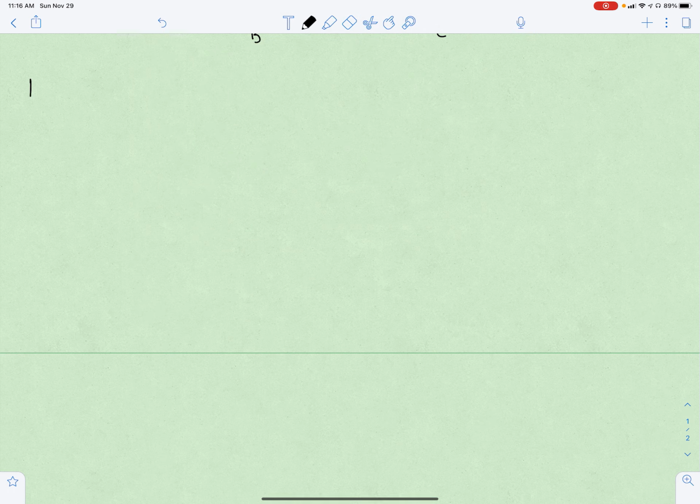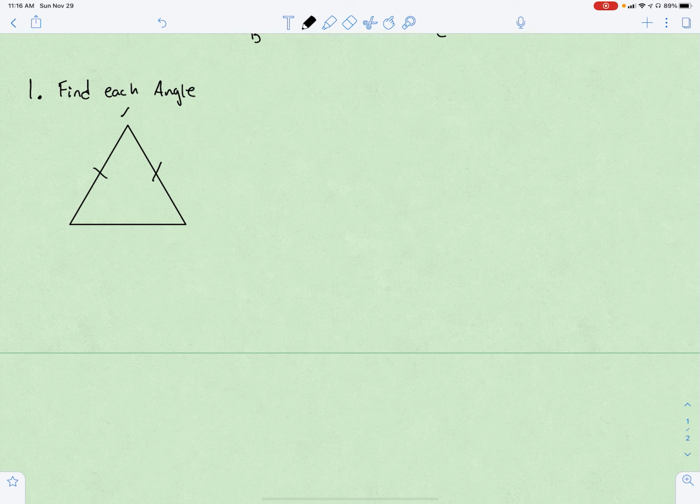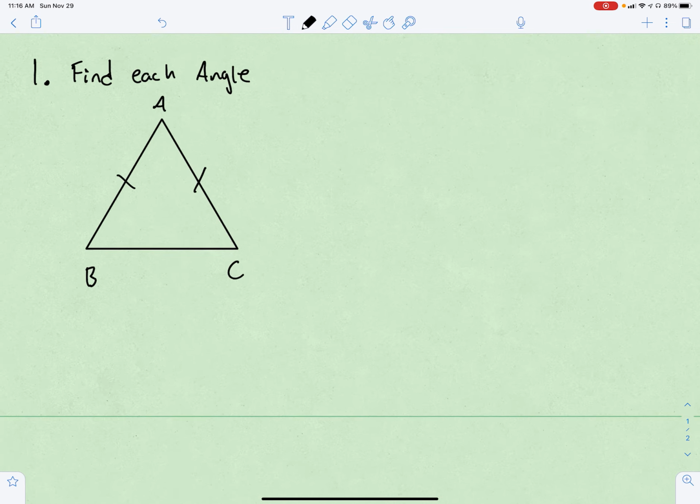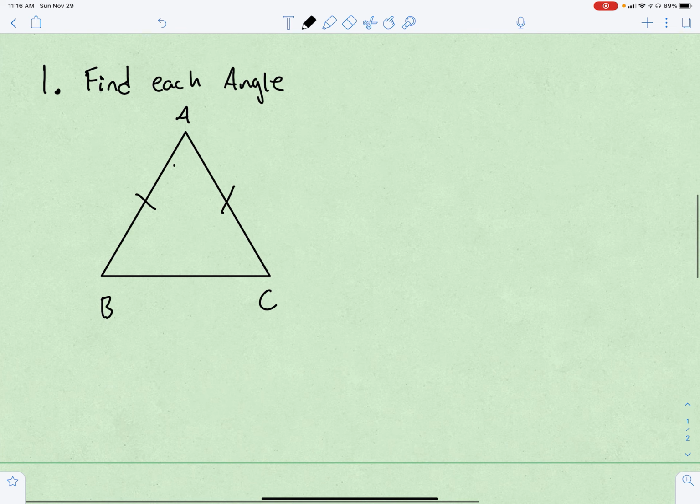So let's look at a simple example. We're going to find each angle. So we've got an isosceles triangle ABC, and we know that angle A is 48.